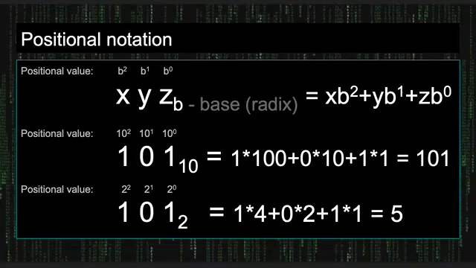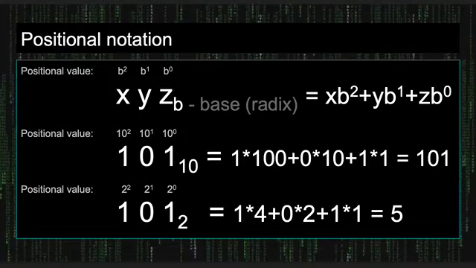In general, the digit at the first position from the right has to be multiplied by the value of base to the power of 0. The digit at the second position from the right has to be multiplied by the value of the base to the power of 1, the next one by the value of the base to the power of 2, and so on. Specifically, in decimal numbers, the positional values of digits are, starting from the right side, units, tens, hundreds, thousands, and so on.